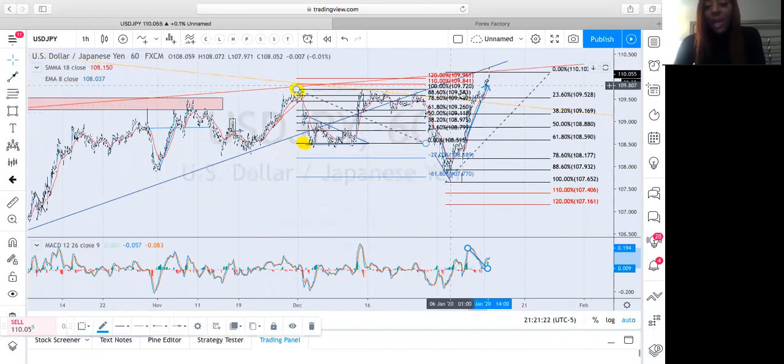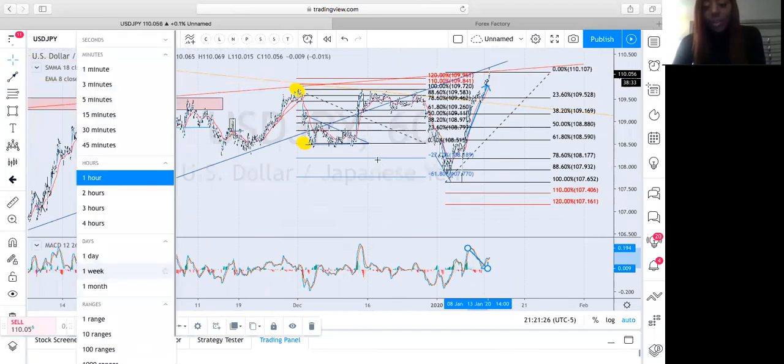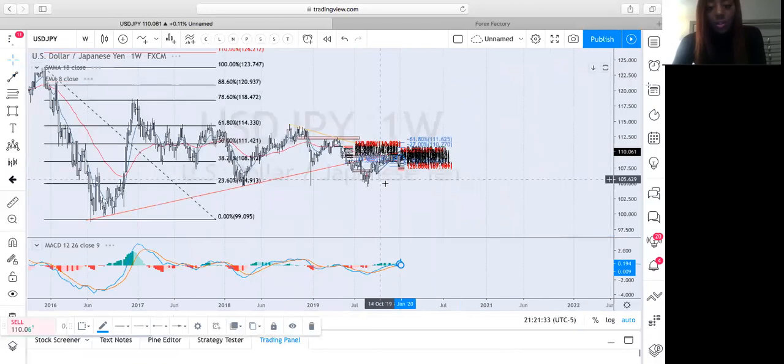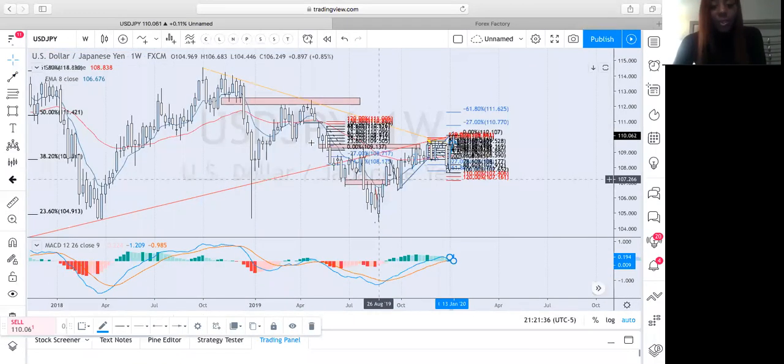So where it is though, let me go to the higher time frame. You can kind of see these levels. Y'all can't see with all these fib lines on here.